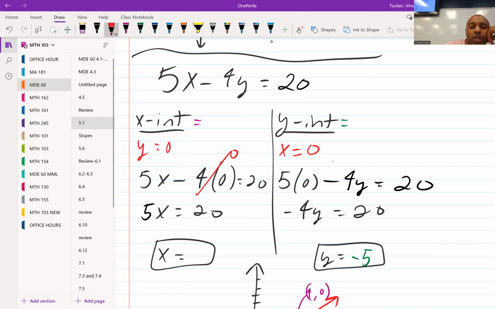That leaves us with 5x equal to 20. Divide both sides by 5. The 5's cancel. x is equal to 4. Ordered pair is (4, 0).